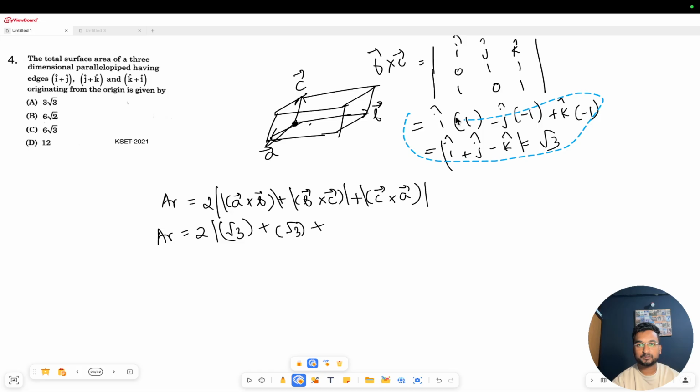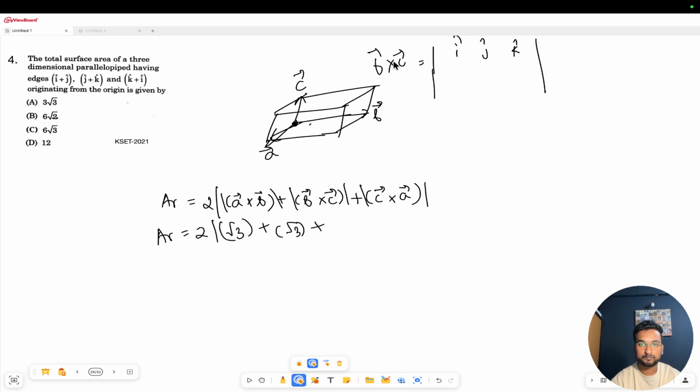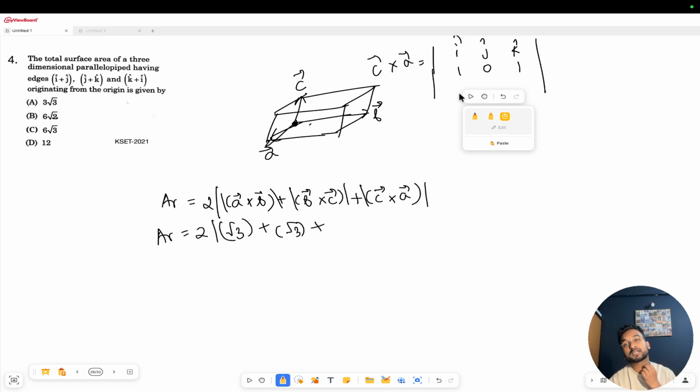Let's find c cross a now. So c cross a. What is c? K plus I cap. So 1 0 1. What is a? It is I cap plus j cap. So you will get 1 1 0.